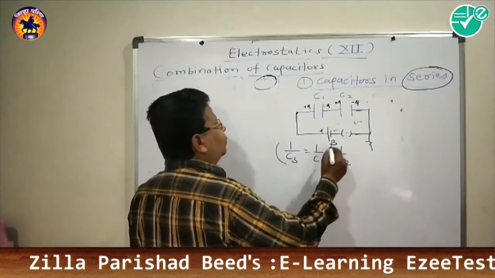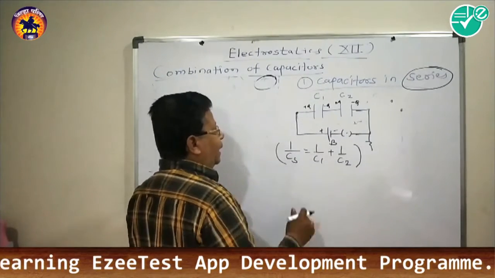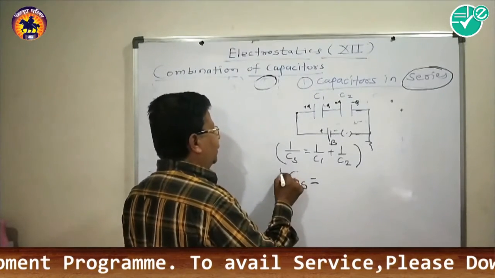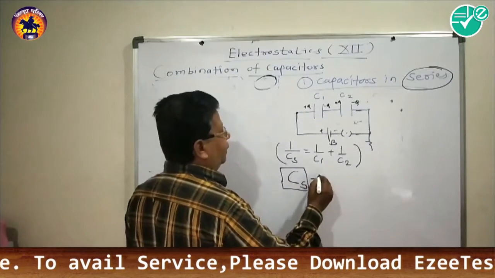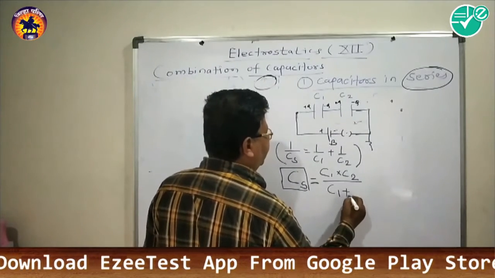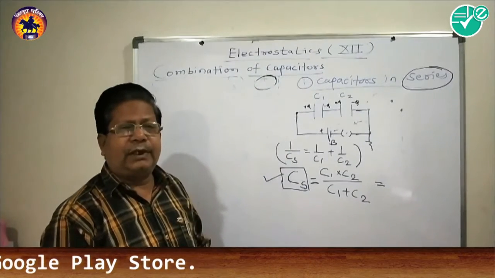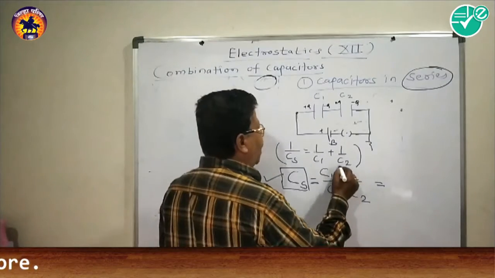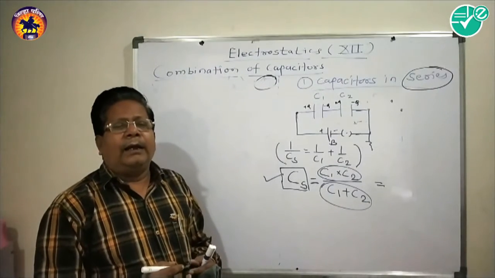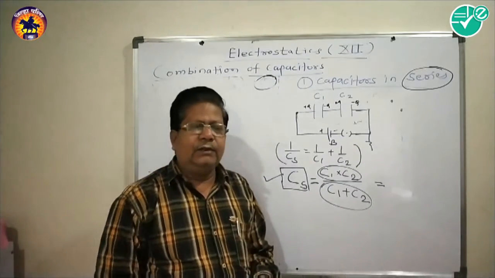And as the two capacitors are connected in series, by taking the LCM we can directly write the formula, Cs is equal to C1 into C2 divided by C1 plus C2. That means the equivalent capacitance for two capacitors connected in series is equal to the multiplication divided by the addition of the capacitances of the two capacitors.